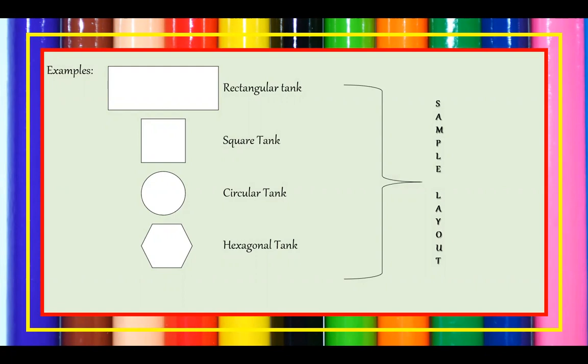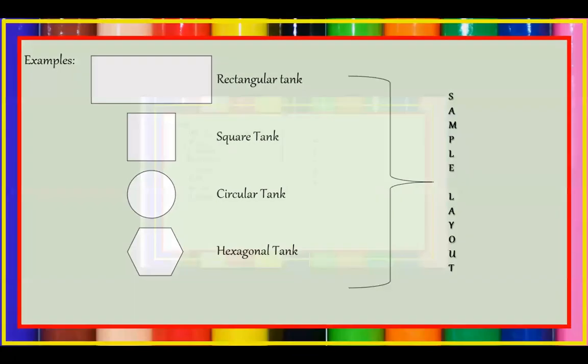For instance, you can use shapes in your layout to indicate the shape of the tanks. For example, a rectangle represents a rectangular tank, a square a square tank, a circle a circular tank, and a hexagon a hexagonal tank. So that's the sample layout.